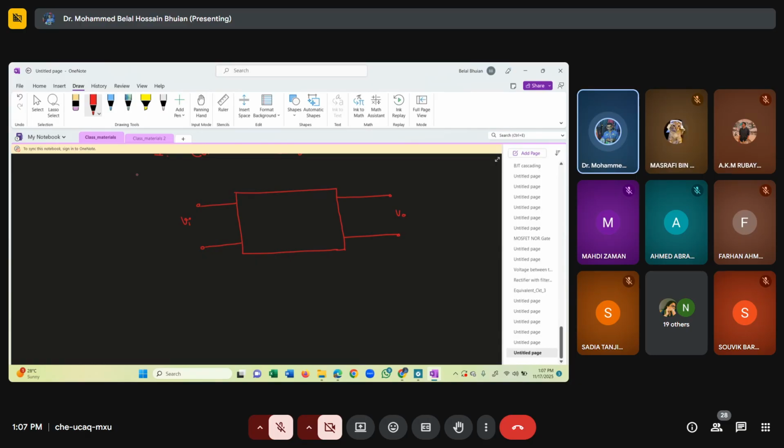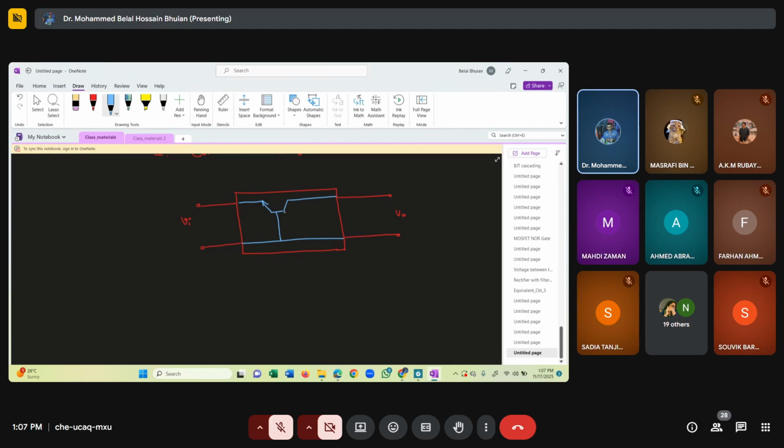In common base configuration, the BJT is placed such that the base terminal is common to both input and output. Let me draw it fast. In addition to many other things, we have got the BJT inside this box, and it is connected this way.